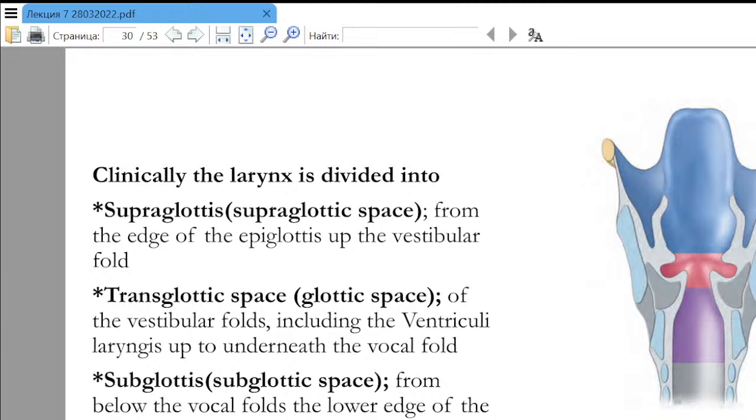Supraglottic space from the edge of the epiglottis up to the vestibular fold. Transglottic space and subglottic space. And this is clinically characteristic.